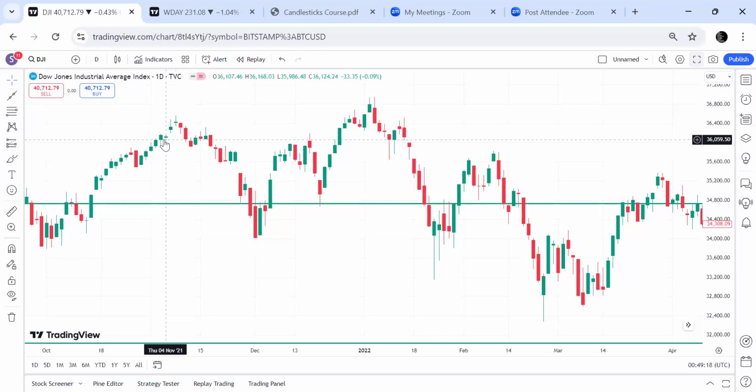Here, for example, on 4th November 2021, you can see there is a complete upward momentum. Still on 3rd November 2021, this is also a big candle, so this can also be a hanging man.